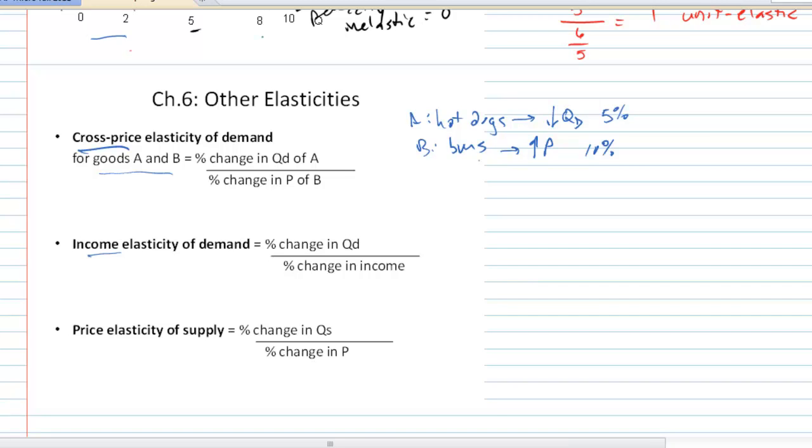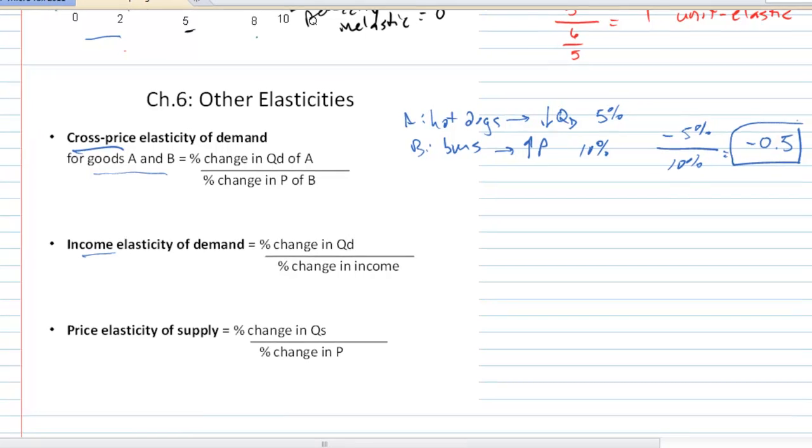You can't just take the absolute value anymore because the sign is now significant. So we've got a decrease in 5% quantity demanded of hot dogs over an increase of 10% in price. We'd say the cross-price elasticity of demand for hot dogs and hot dog buns is negative 0.05.